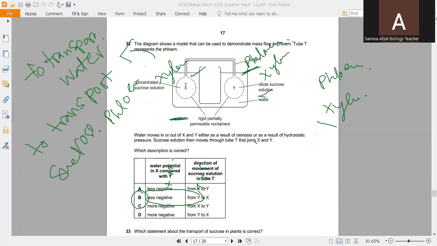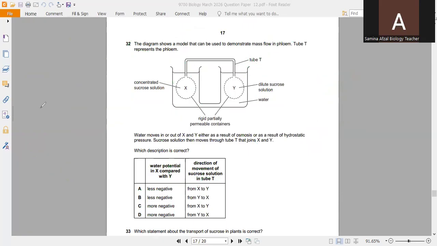Question number 32. The diagram shows a model that can be used to demonstrate mass flow in phloem. Tube T represents the phloem.